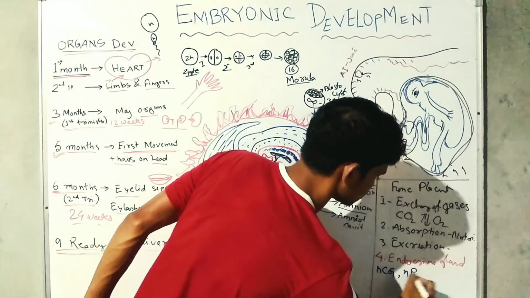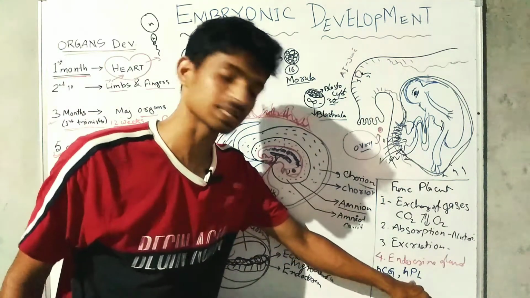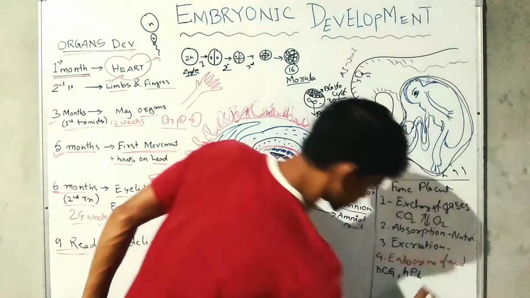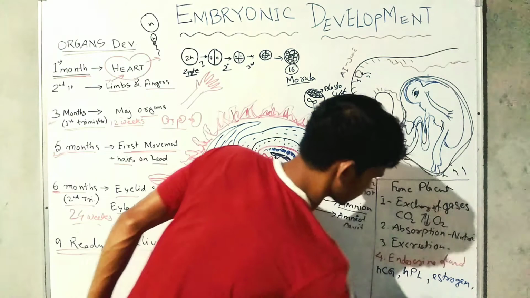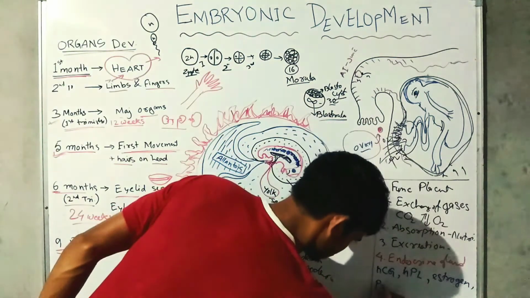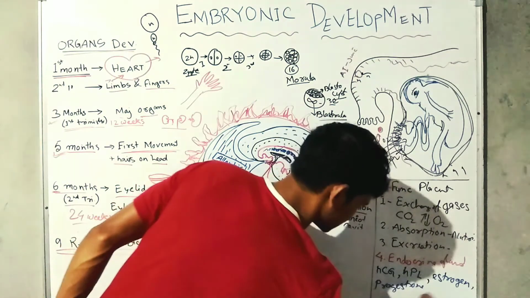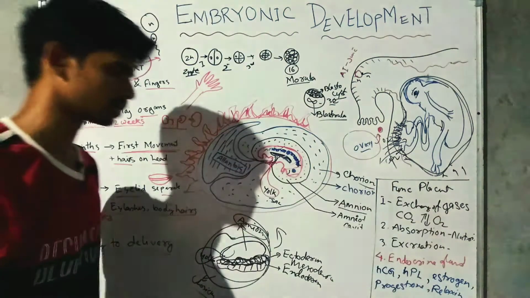HPL, human placental lactogen. Then estrogen, then progesterone, then relaxin.